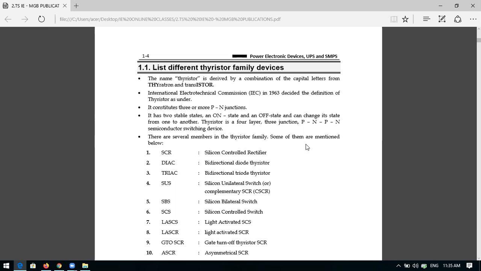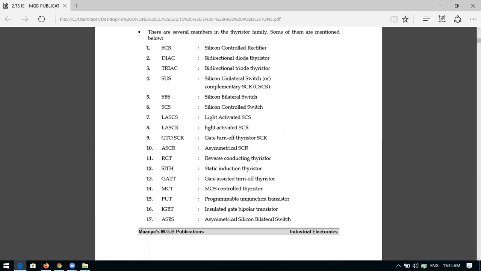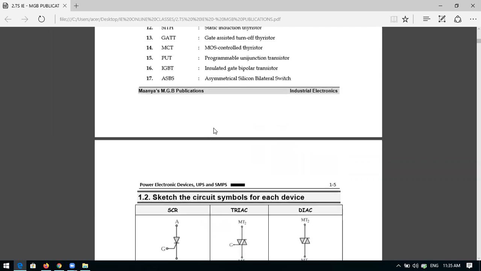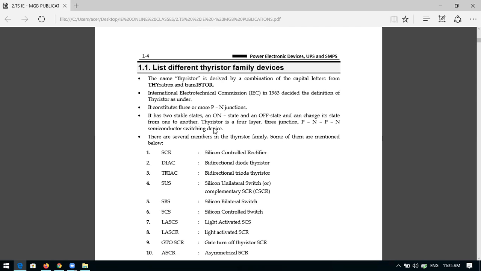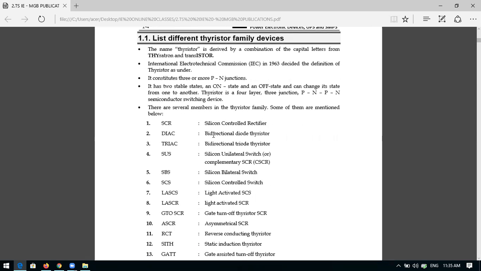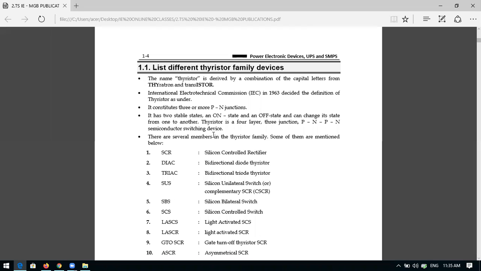So first you have to learn about the SCR, then you will go for the other devices. How many devices are there? You can see numerous devices, but mainly there are 17 devices here. All of you, please make note of it and make running notes while I lecture.